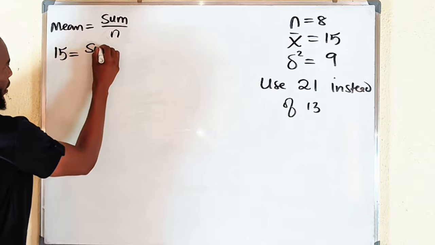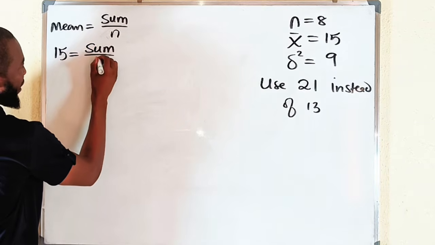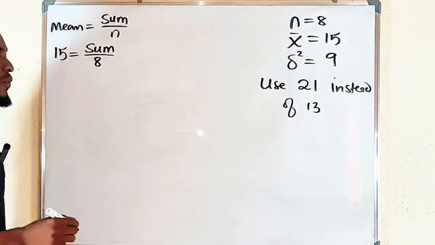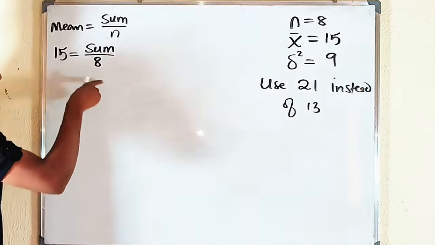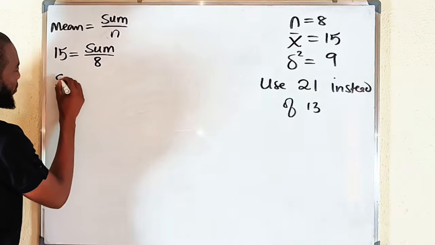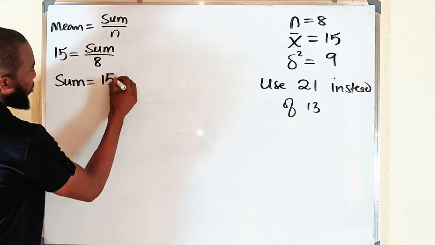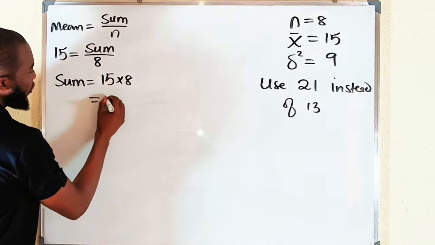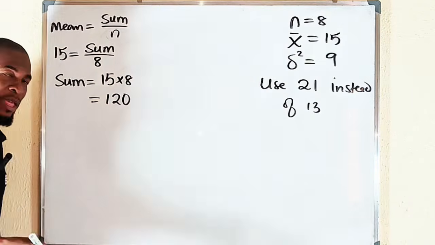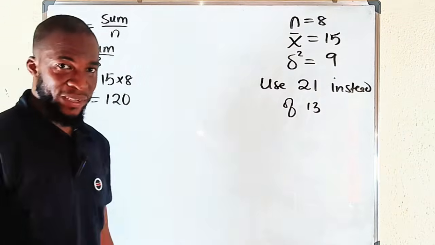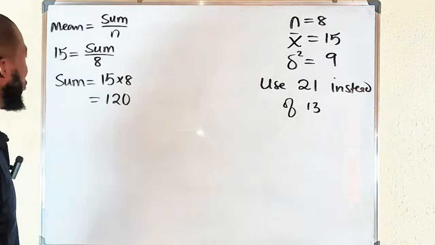The sum divided by n, which is 8. Now, if you want to find the sum of all the items, you can cross multiply. So the sum will now be equal to 15 multiplied by 8, which is equal to 120.